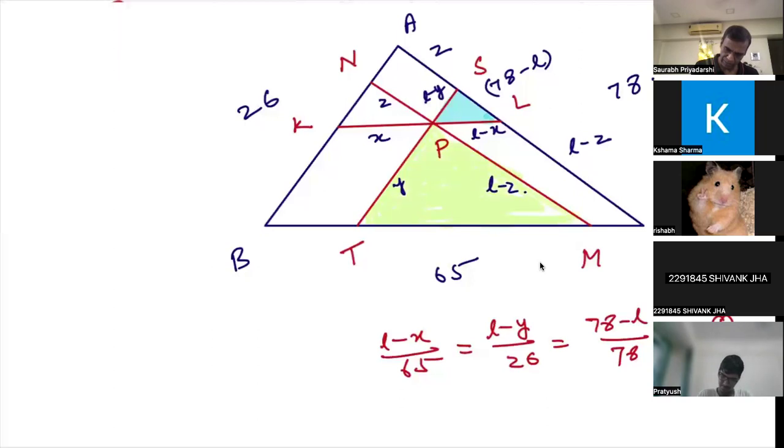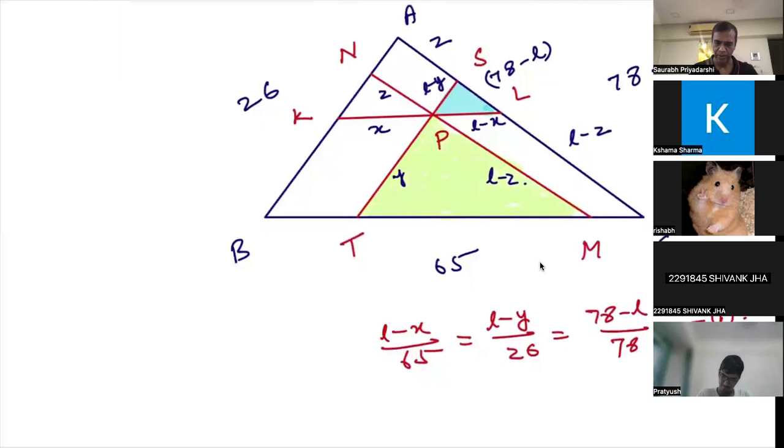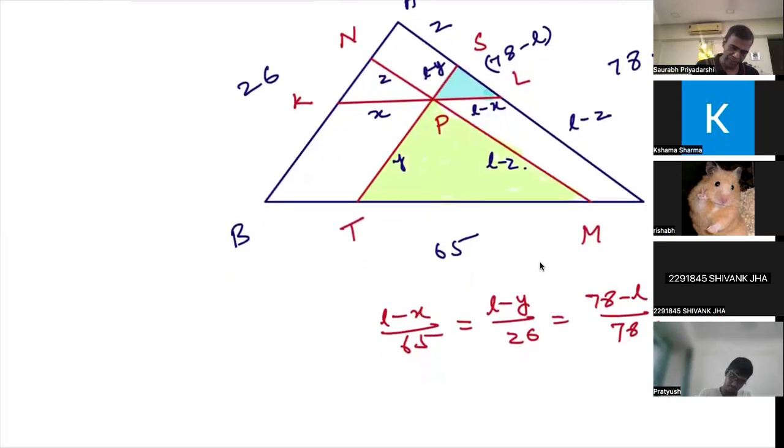Is this. In this triangle also, we can see that this is x, this is L minus x. So this will be 65 minus L. So again, the proportionality I can use for this, right?